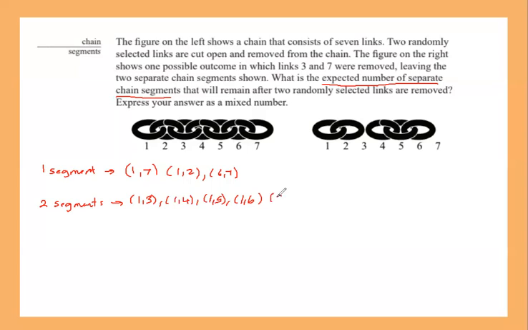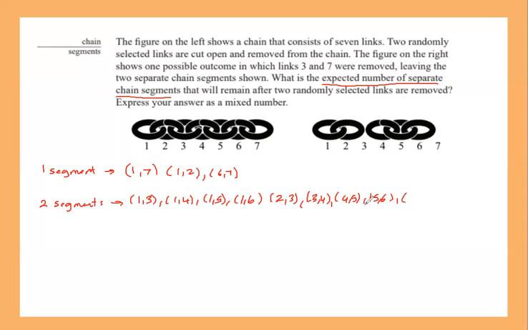So I can remove any 2 adjacent links: 2 and 3, 3 and 4, 4 and 5, and 5 and 6. But I cannot do 6 and 7 because that will leave only 1 segment. At the same time, we start with 1 on the left, which is 1 with some other interior ones.